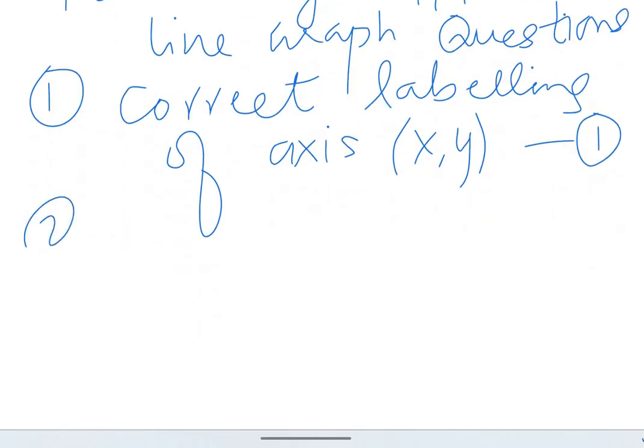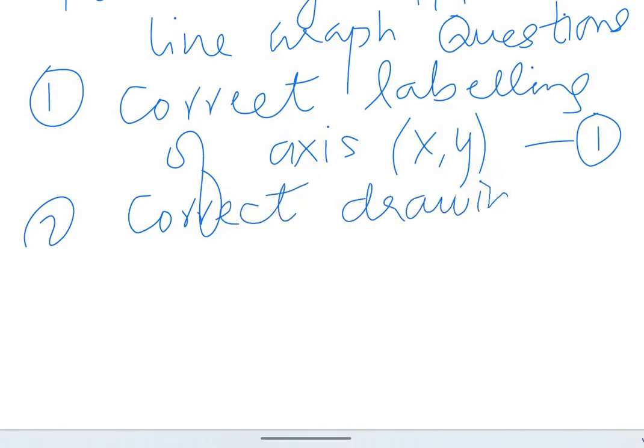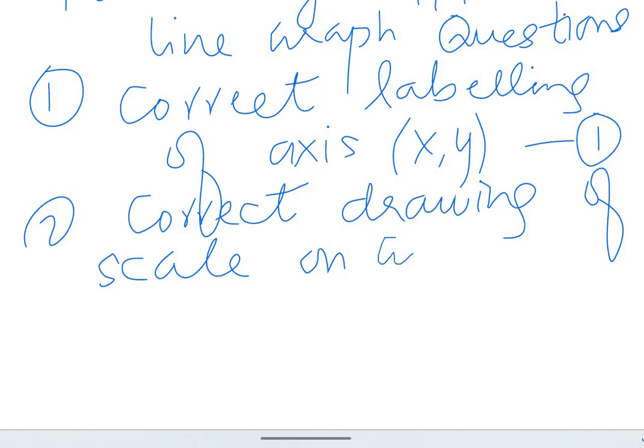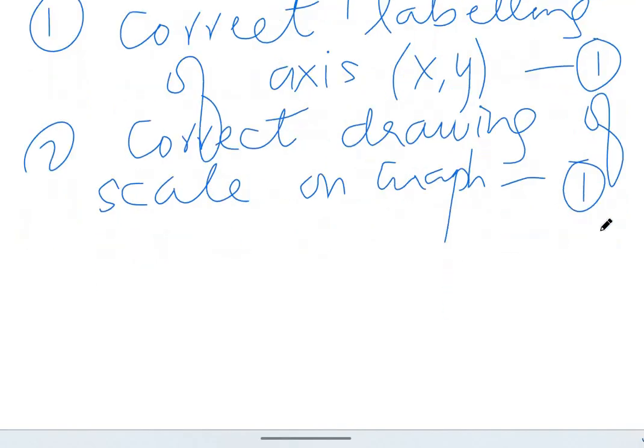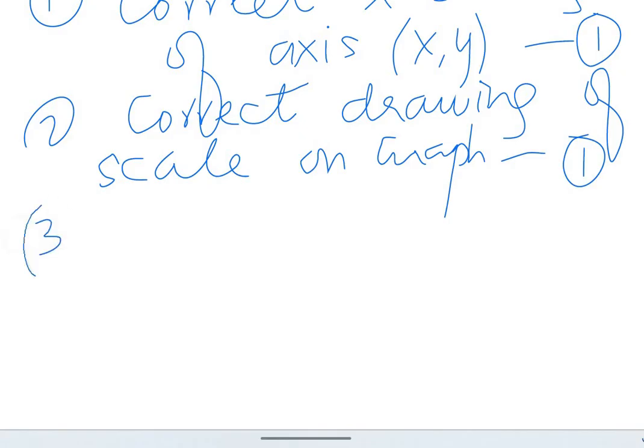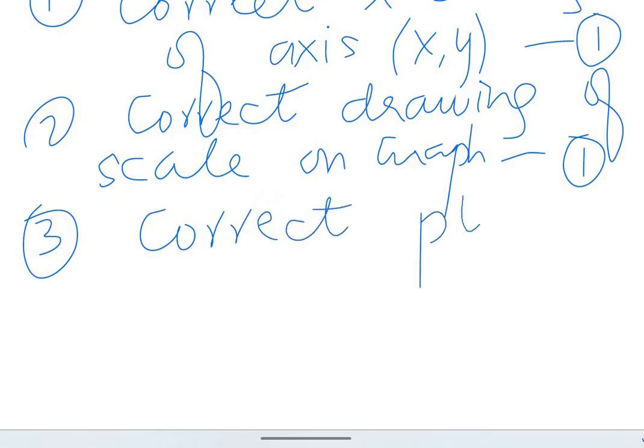Rule number 2, correct drawing of scale on graph. So this is also 1 mark. Third point is correct plotting on the graph.